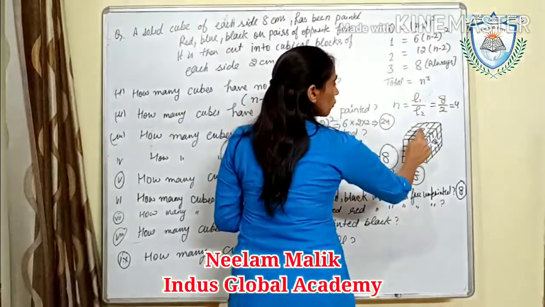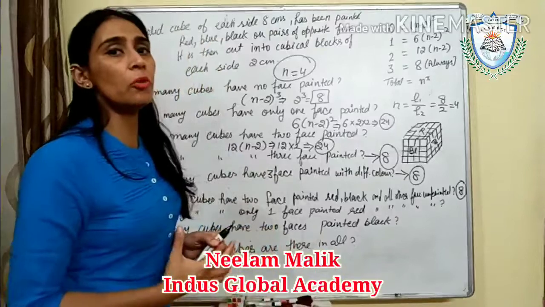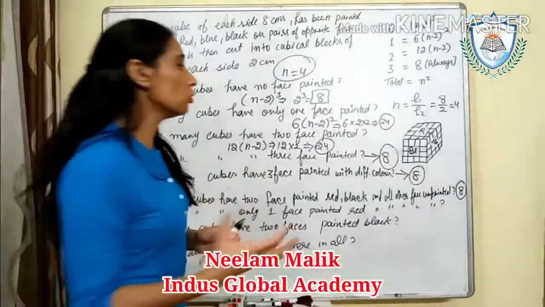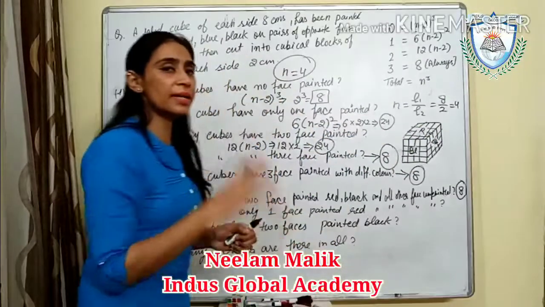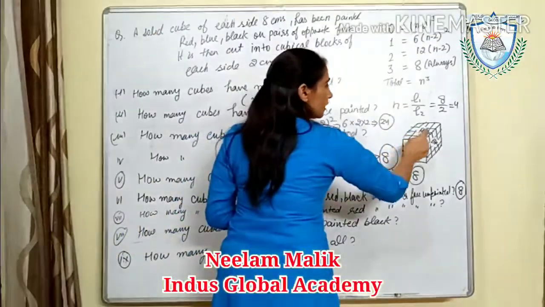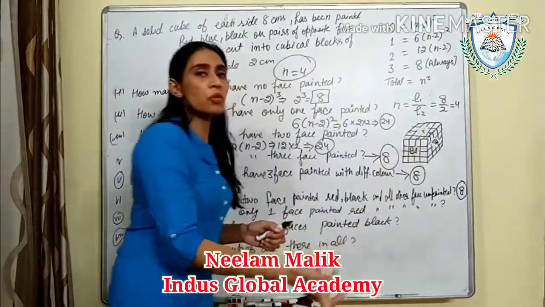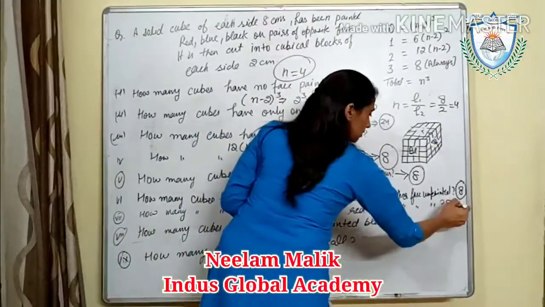So here will be 4: 1, 2, 3, 4 on this side and 4 on the opposite side. Some imagination we have to do. So at the top layer, 4 in the center have only red color. Similarly 4 will be at the bottom. So our answer is 8.